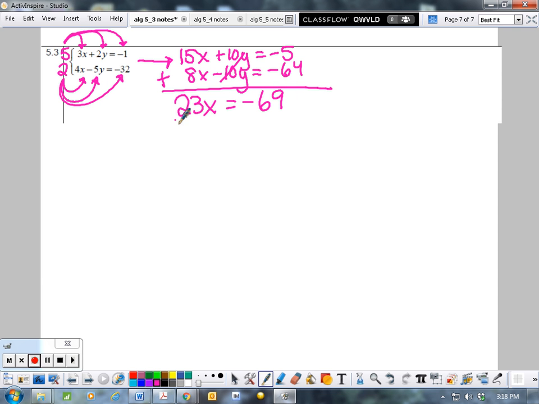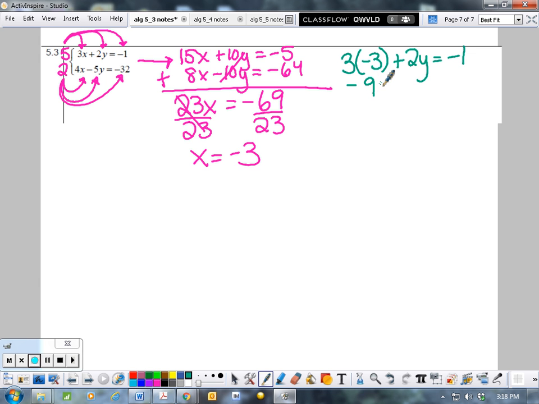Now I divide both sides by 23, and I get an x value of negative 3. Now that I know my x, I can plug that back into either one of my equations and solve for y. I'm going to use the top one. So 3 times my x plus 2 times my y equals -1.